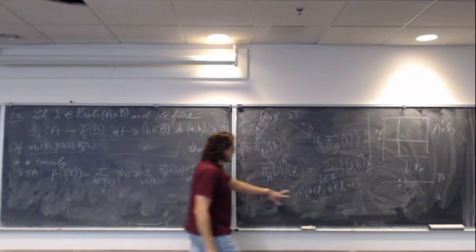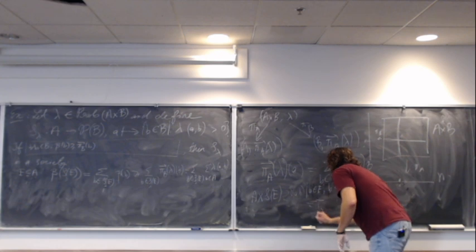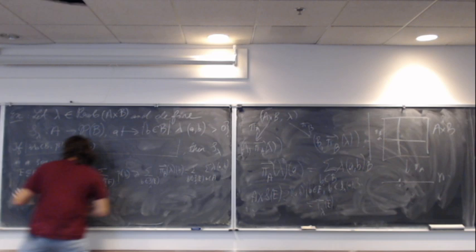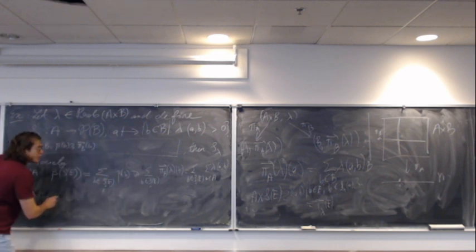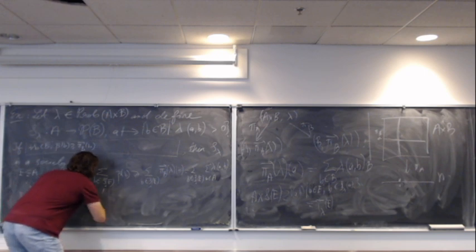So by Fubini, I can change it to, let's call this gamma, gamma sub lambda of E. So this is lambda of A times S sub lambda of E, which is like this.